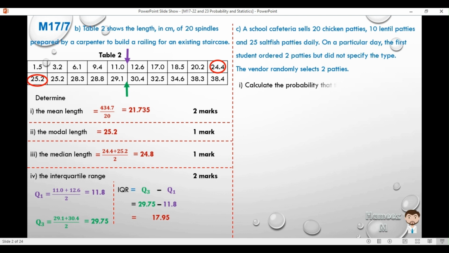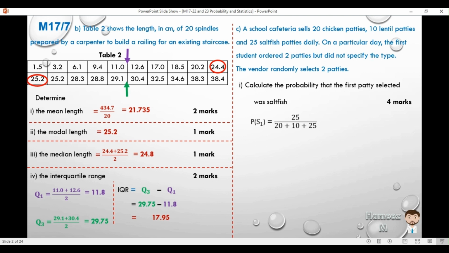So for part 1, calculate the probability that the first patty selected was saltfish. If we consider the probability of choosing that outcome out of all the possible outcomes, then the probability of saltfish, let's say P(S1), will be 25, because there are 25 choices for saltfish out of the total, which is 20 chicken patties plus 10 lentil plus 25 saltfish.